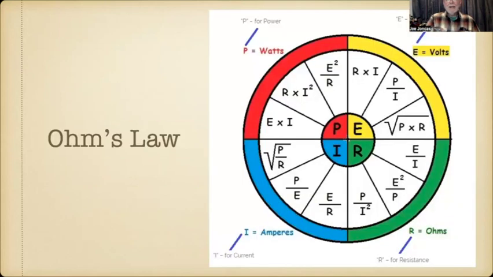Now, here's another one of these devices. Here's E, electromotive force, or B. Here is R for resistance. Here's I as current, and here is P for power. Now notice it says E times I. But E can be replaced with power.